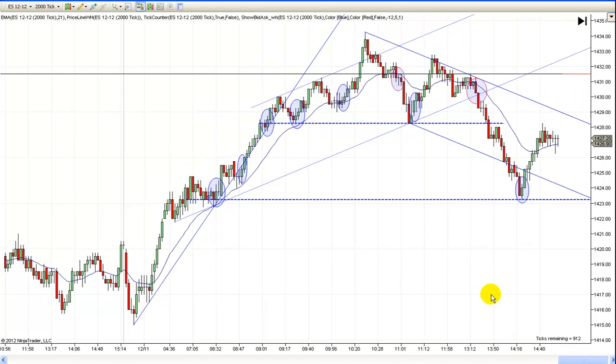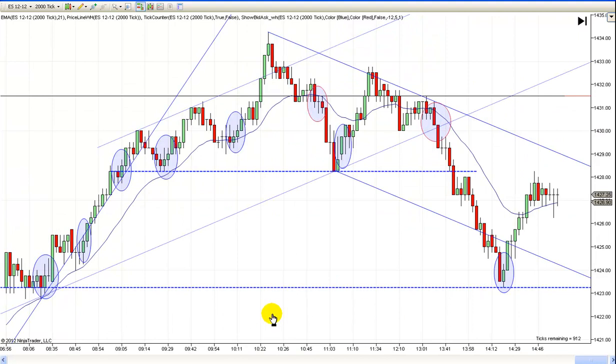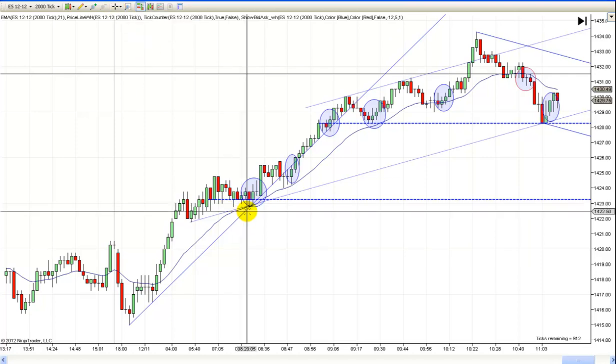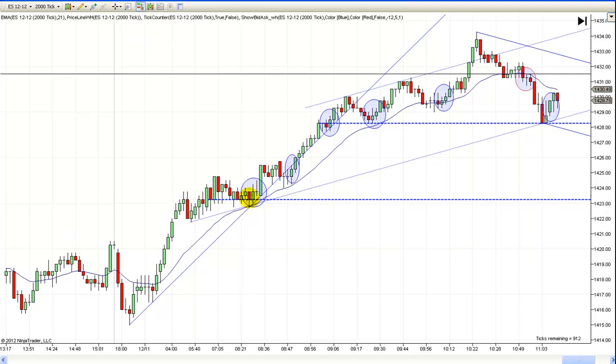So let's talk about each of the trades. The first trade, we opened right in this area, and you're finding a lot of support here. This was kind of questionable. There's a lot of overlap here, but notice all these traps right down here, and then finally your 8:30 open comes, which was this bar right here.